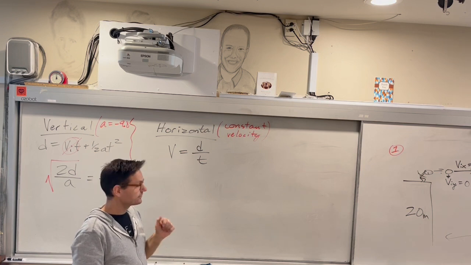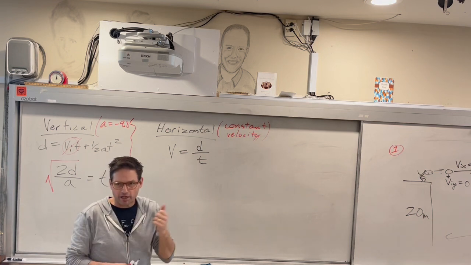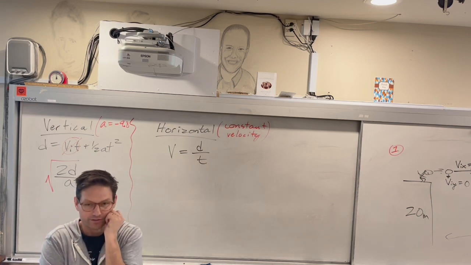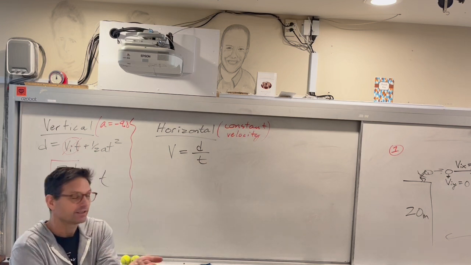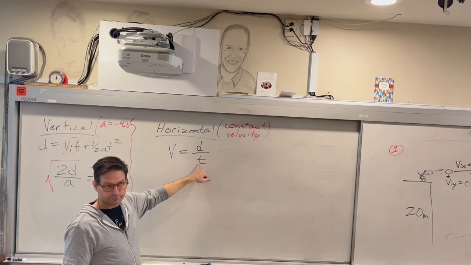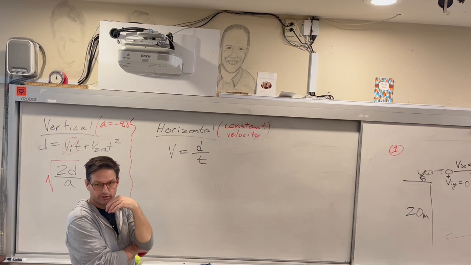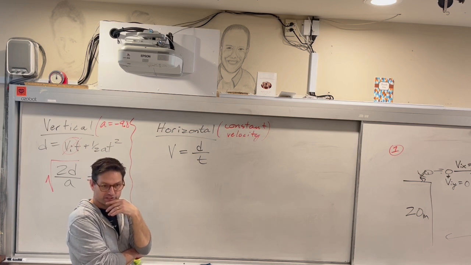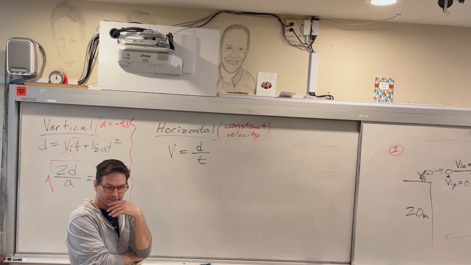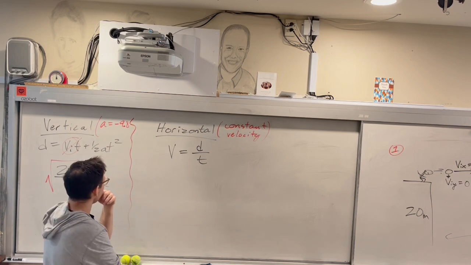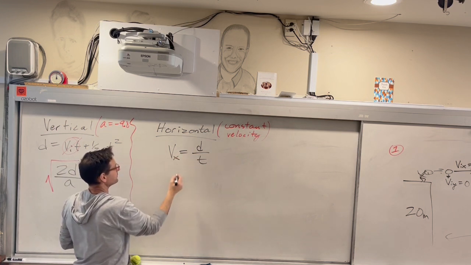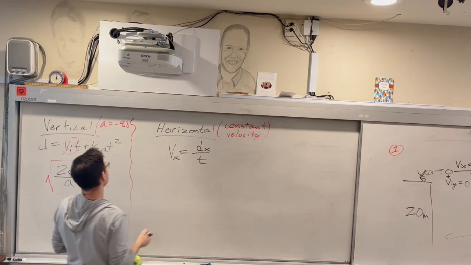That's all you need. How long is it going to take for this to hit the ground? Do we know that number? Yeah, we just solved it, right? So we actually know this t already. So what are we going to solve this for? We're going to solve it for d, right? And we're going to see if that answer is close to 50. So go ahead and try. This is, we could say, vx. And this is dx.